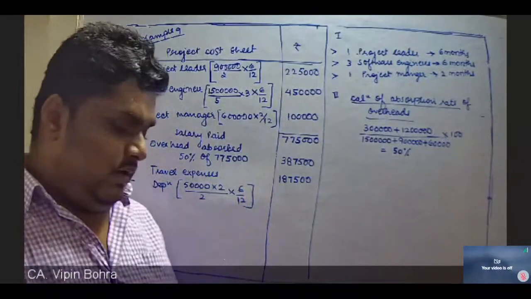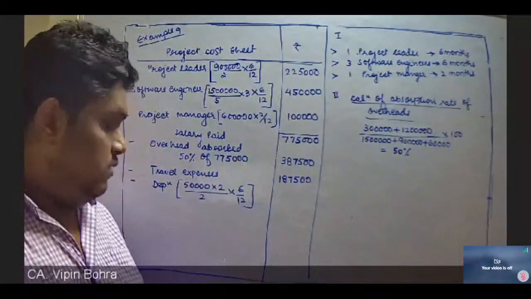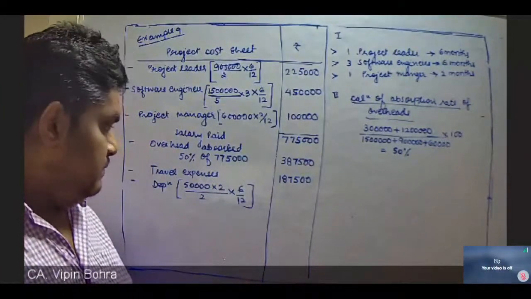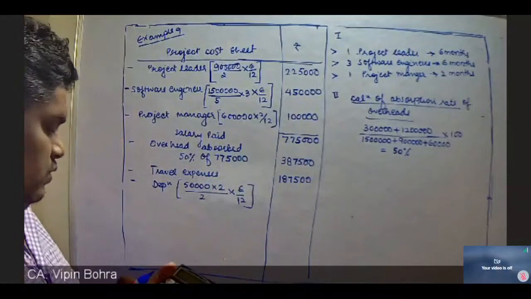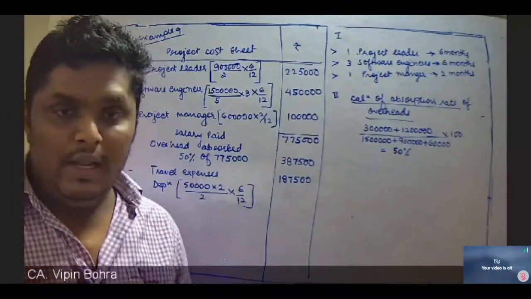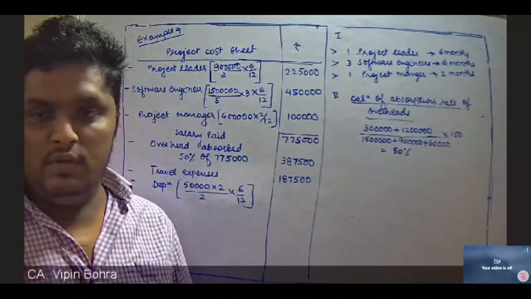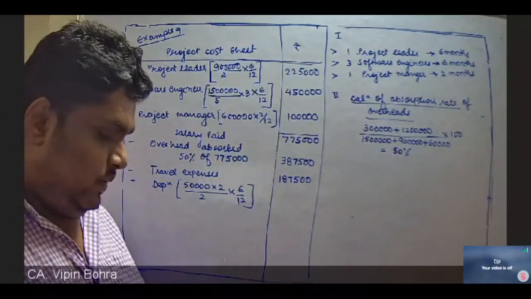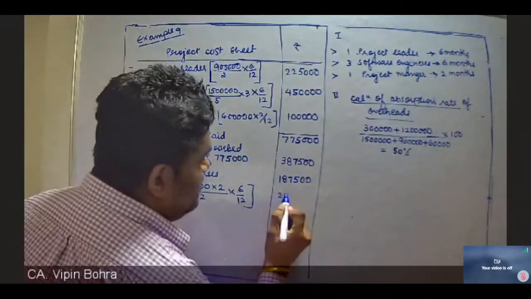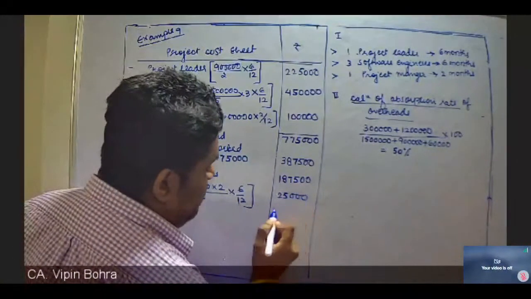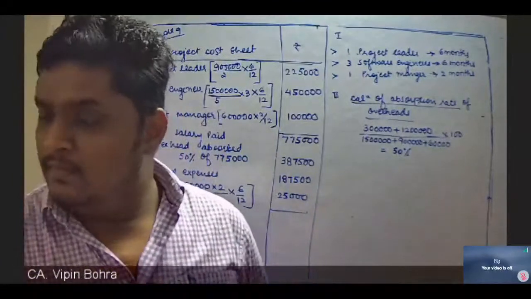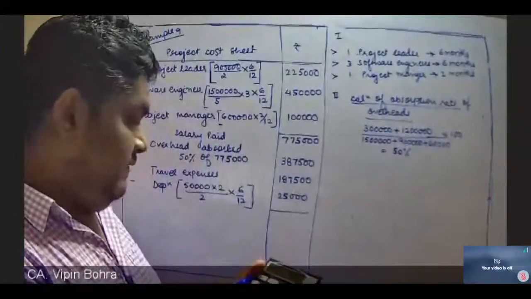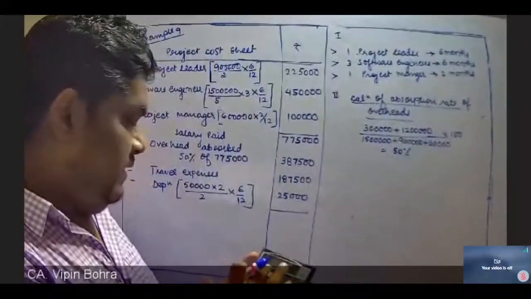So total we incurred a cost of 1 lakh, divided by the life of 2 years. 2 laptops were purchased at a cost of 50,000 each for use in the project, and the life of the same is estimated as 2 years, so 1 lakh divided by 2, 25,000 is the total. That's it. So we have got the total cost: 7,75,000 plus 387,500.